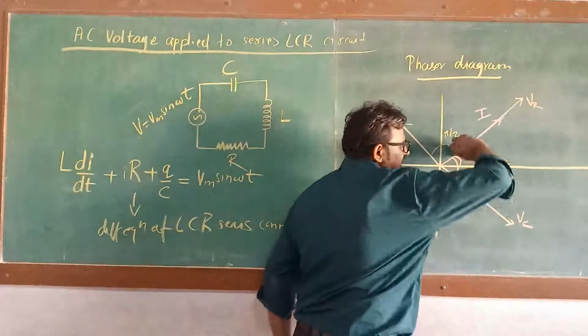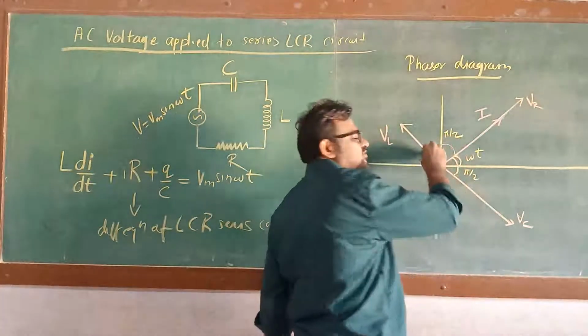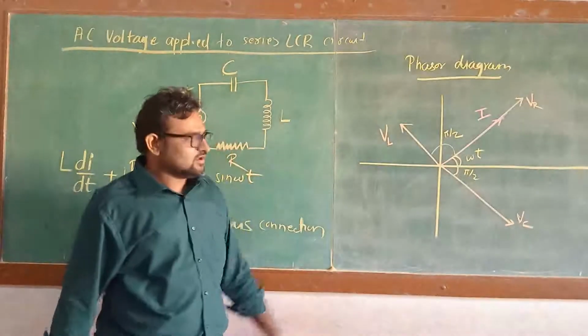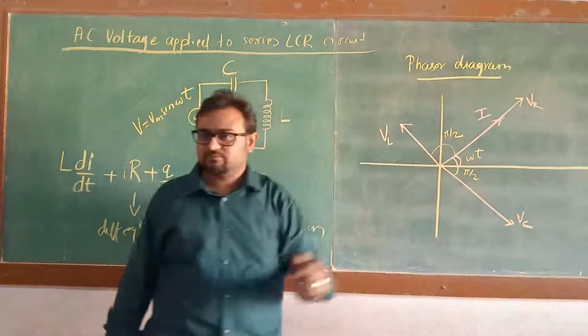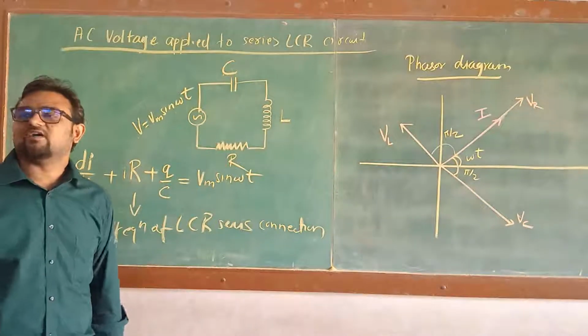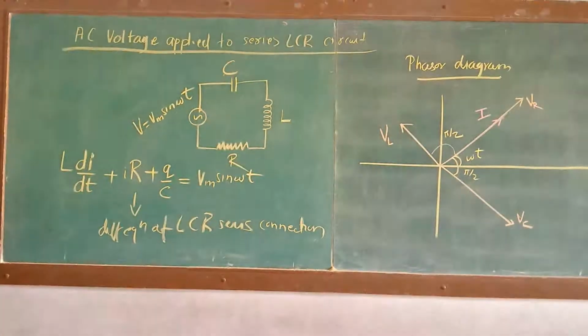So omega t minus pi by 2 for the capacitor and omega t plus pi by 2 for the inductor, because in the capacitor the voltage lags behind the current. Clear? So this was about the phasor diagram.